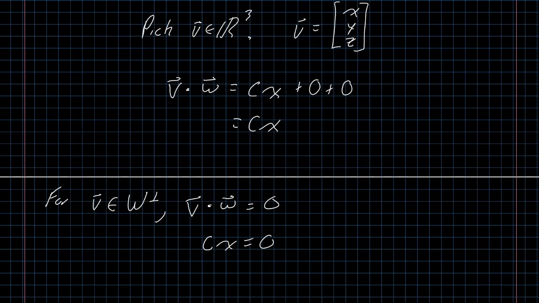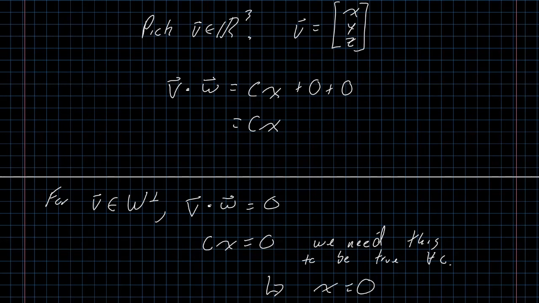We can't control c. Remember, c was the constant in the linear combination that created that vector in the vector space. We need this to be true for every value of c. And the only way we can get this to be true for all c is if x is equal to 0.